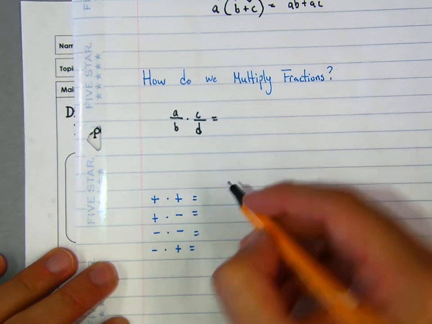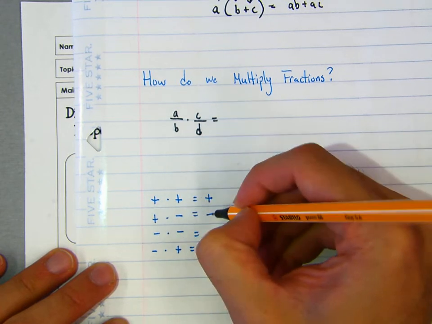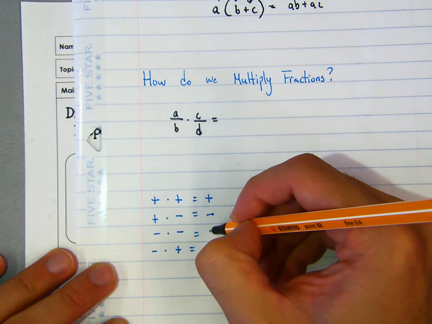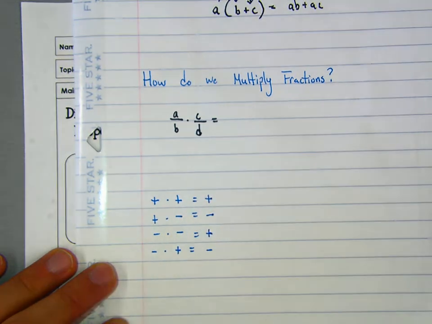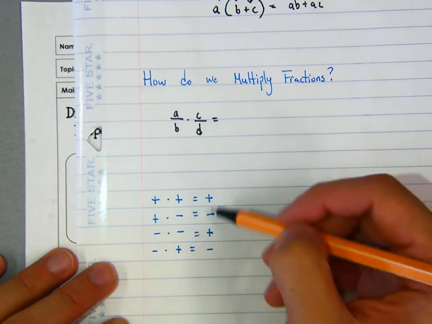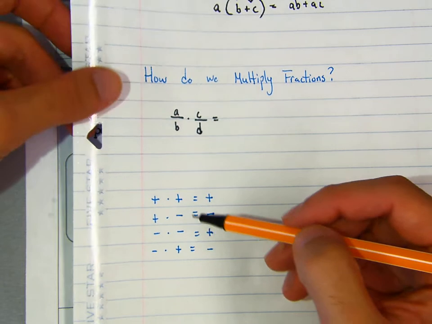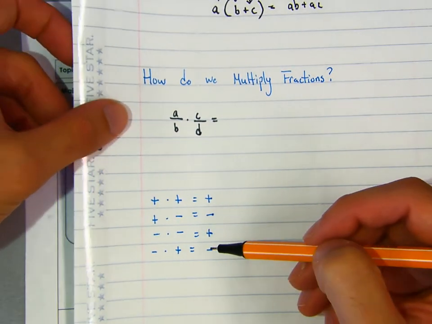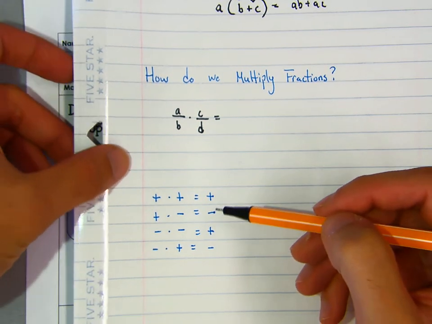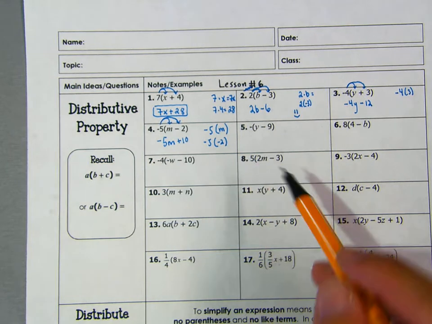A positive times a positive is positive, positive times negative is negative, negative times negative is positive, negative times positive is negative, right? So just a quick refresher, you should know this. And if you don't, then have this in your notes, right? And then use this when I say pause the video and try on your own, take your time to try and go through some of the questions, right? Okay, let's keep going.